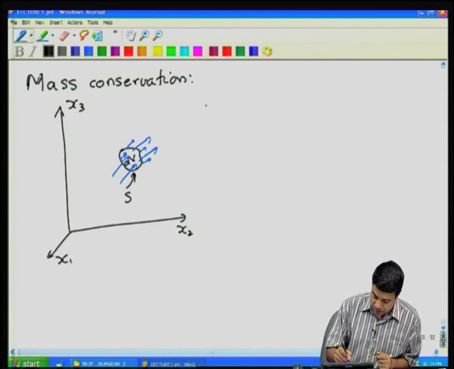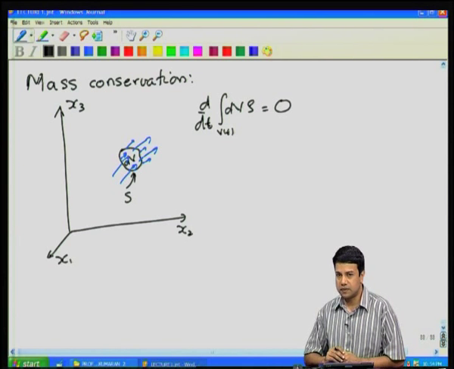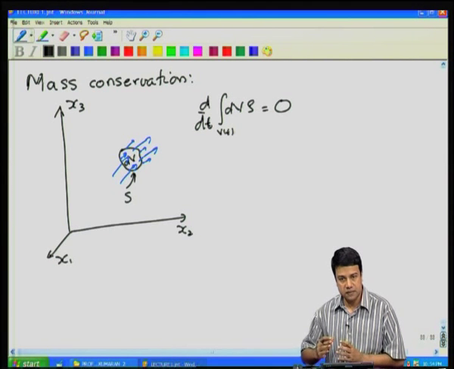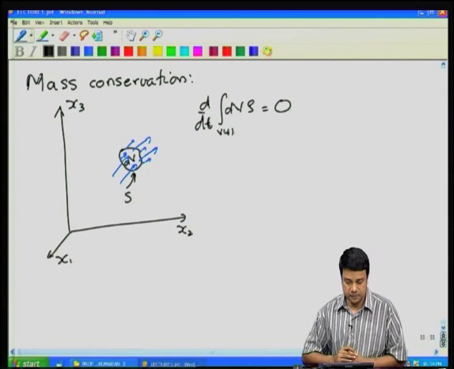So, the mass within this volume should be independent of time. That is, dV times rho is the mass within the volume. Rate of change of that mass has to be equal to 0. Okay. This we transformed using the Leibnitz rule, if you recall, by accounting for the fact that as this volume is moving, certain regions are coming in because the volume is sweeping them in as it moves, and certain regions are being left behind.